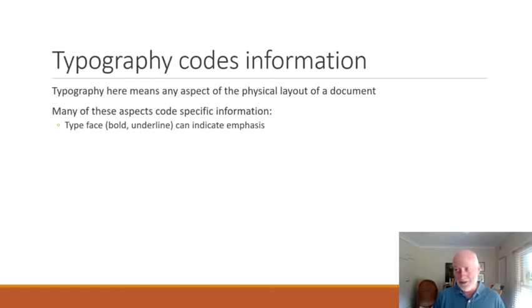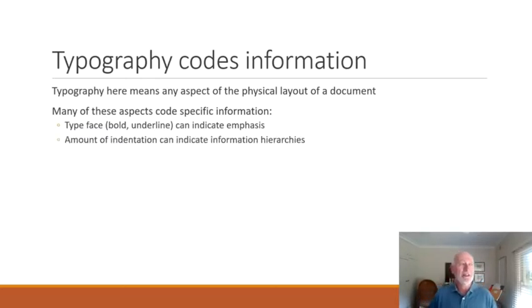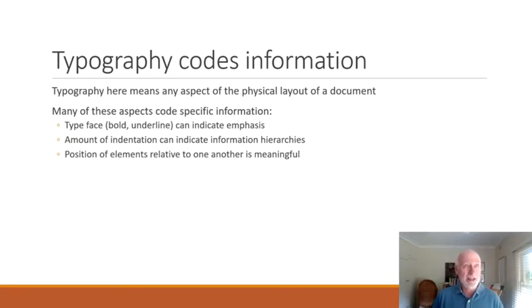So we use typeface to indicate emphases. Information hierarchies can be encoded in ways like indentation, levels of indentation, and how elements are positioned relative to one another can be meaningful. Are things aligned or not? And in all of these cases, except for the first one, space is meaningful.